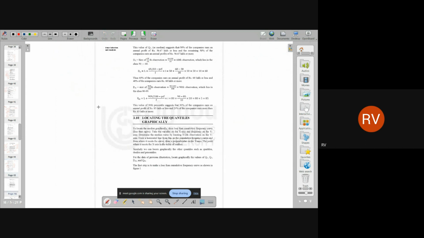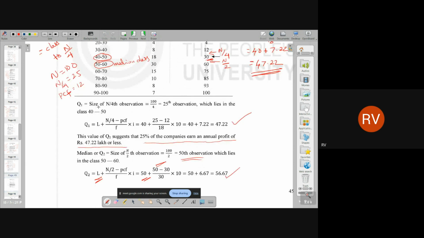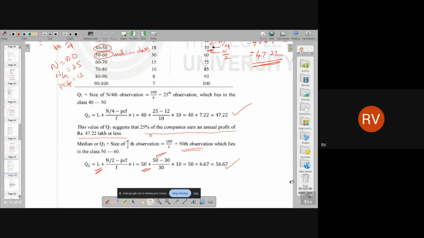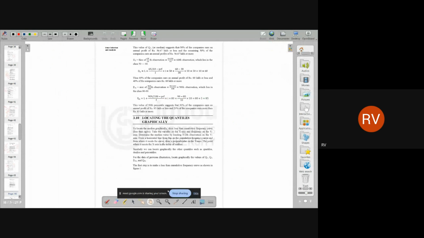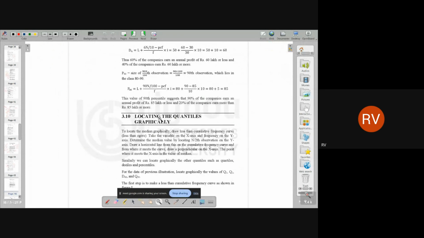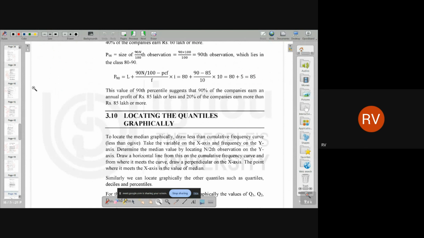Then that is Q1, Q2, then Q3. How to find Q3?